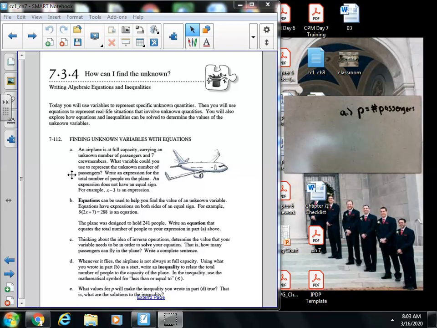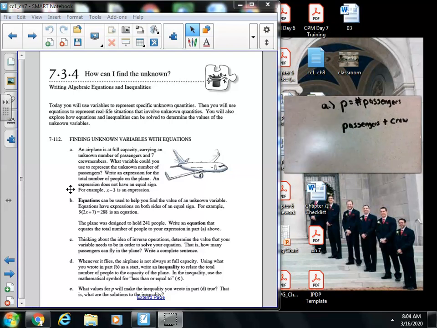So then it says to write an expression for the total number of people on the plane. An expression does not have an equal sign. For example, X minus 3 is an expression. So an expression is a numerical sentence, again, that does not have an answer, therefore no equal sign. So if we think about the total number of people, it really has to equal the number of passengers plus the crew members.